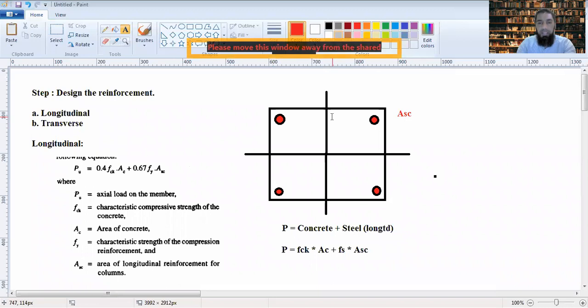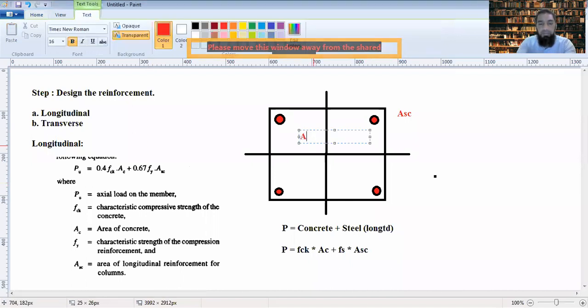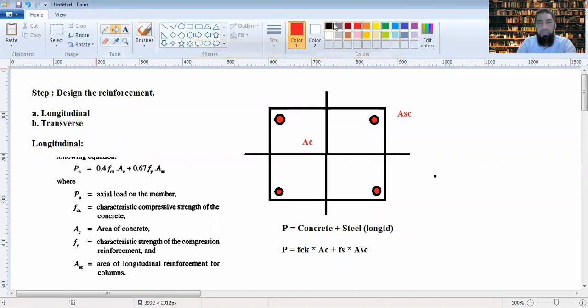Their total area is ASC, and the stresses that are generated in these longitudinal bars are Fs. Similarly, AC is the area of concrete, and so area of concrete will be the body of the concrete, this and this will be the area of concrete.